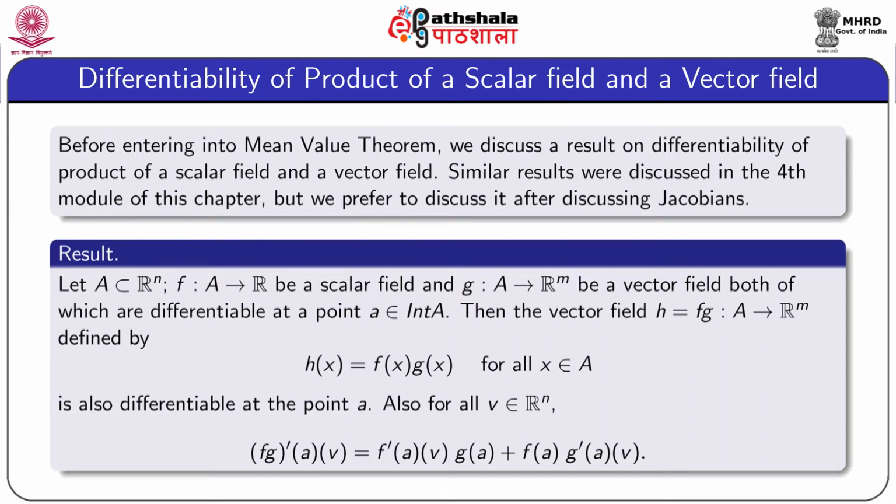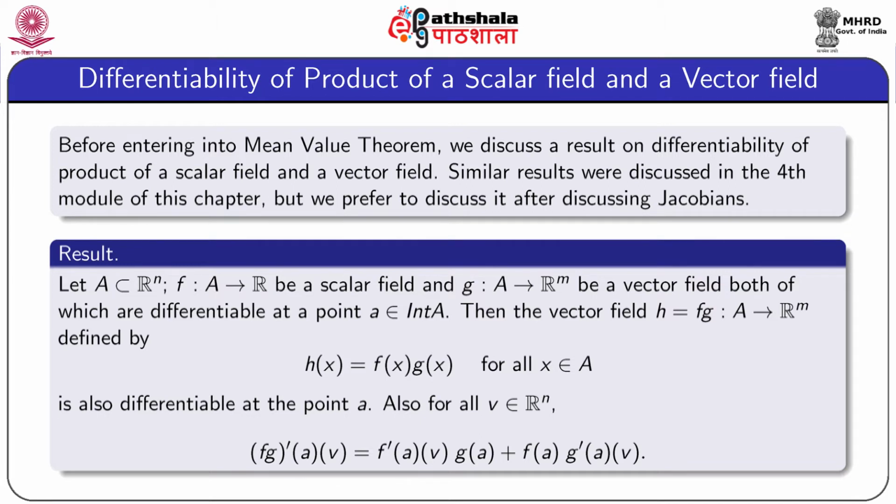The result: let A be a subset of Rn, f from A to R be a scalar field and g from A to Rm be a vector field. We further assume that both f and g are differentiable at a point a, which is an interior point of the set A. We define a vector field H equal to fg from A to Rm as follows.